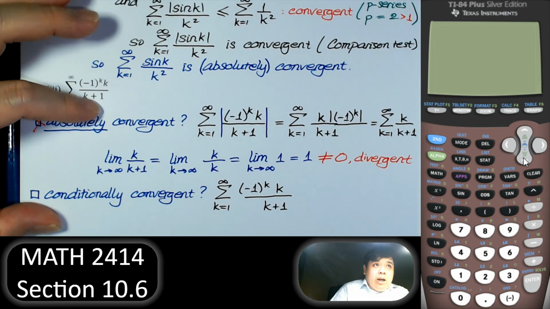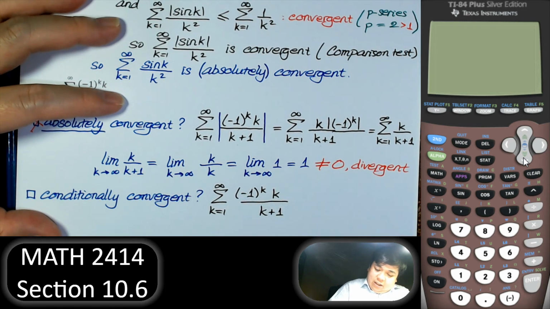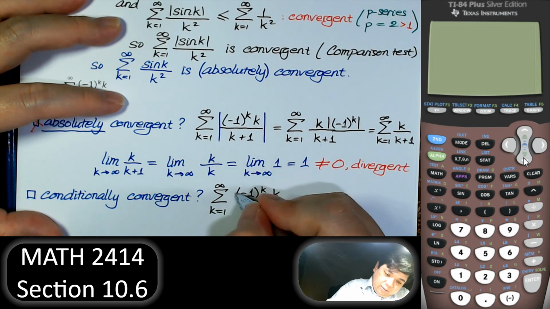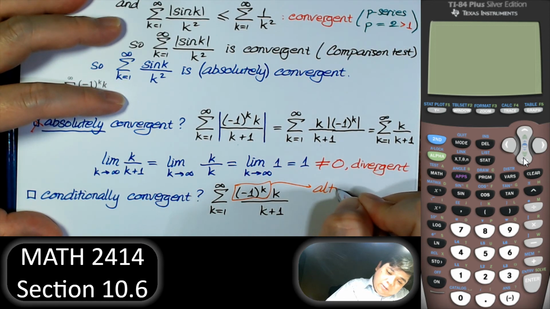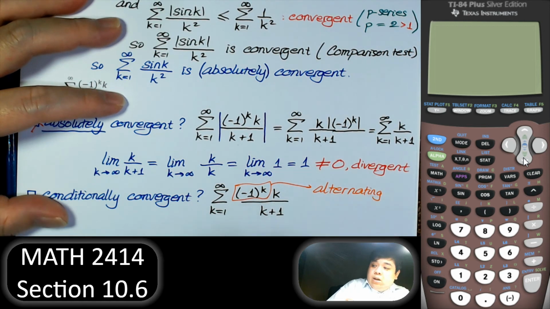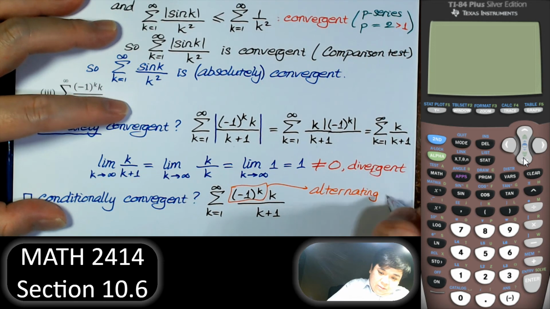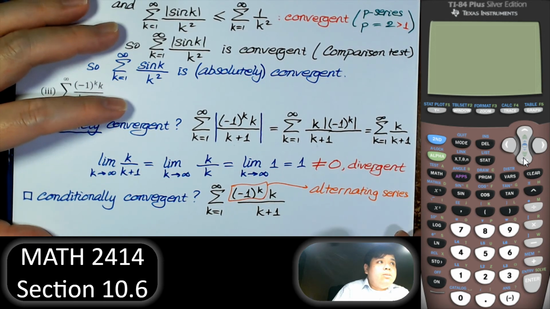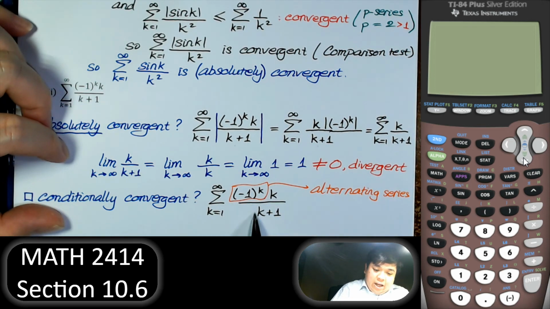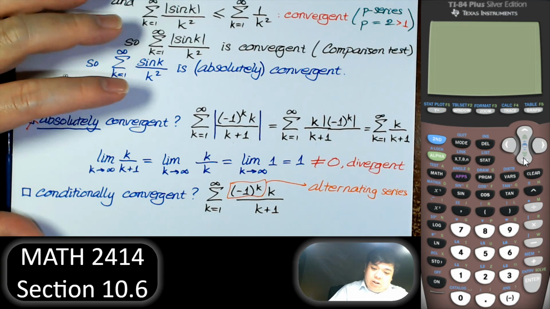So we have this one, and we make this an alternating series. In that case, a sub k is equal to, without that alternating term, k over k plus 1.